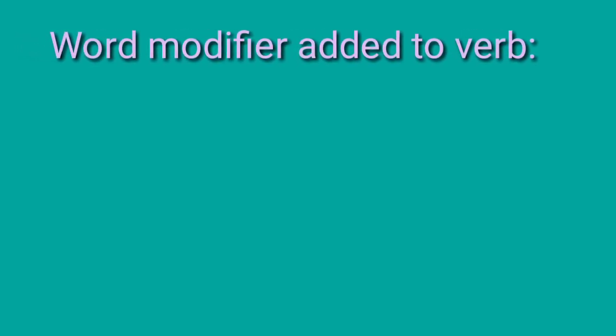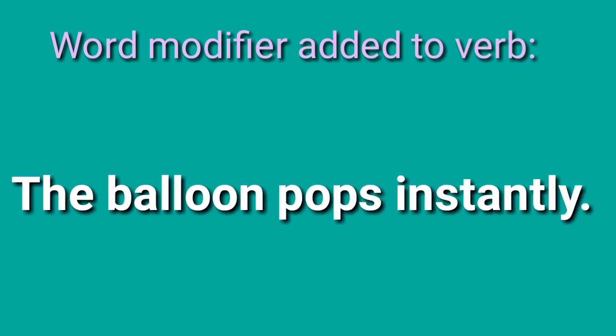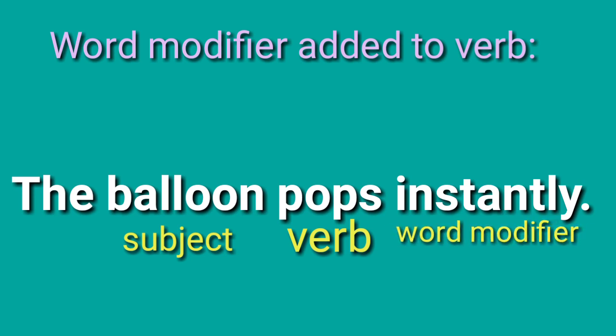Word modifier added to verb. The balloon pops instantly. Our subject, balloon, pops is our verb. Instantly is a word that modifies pops and also answers the question how the balloon pops.